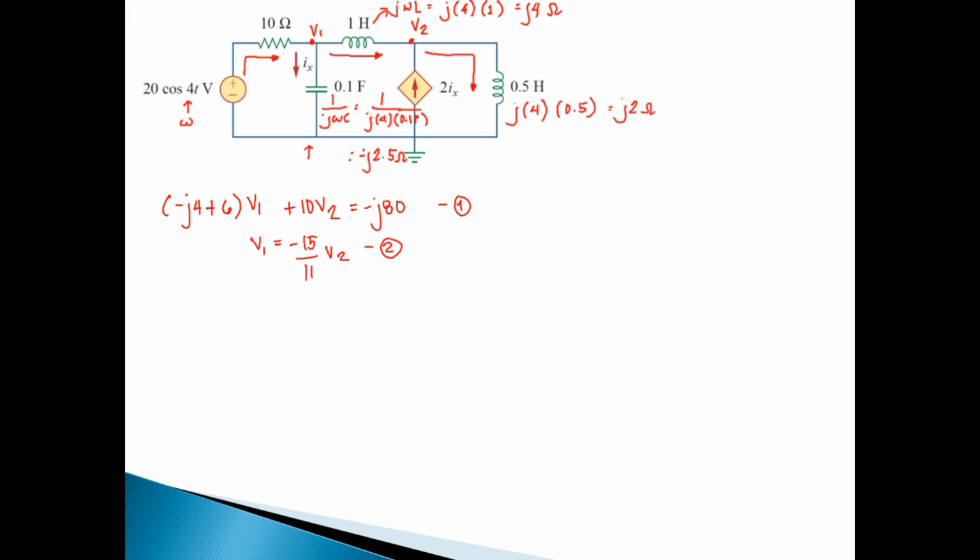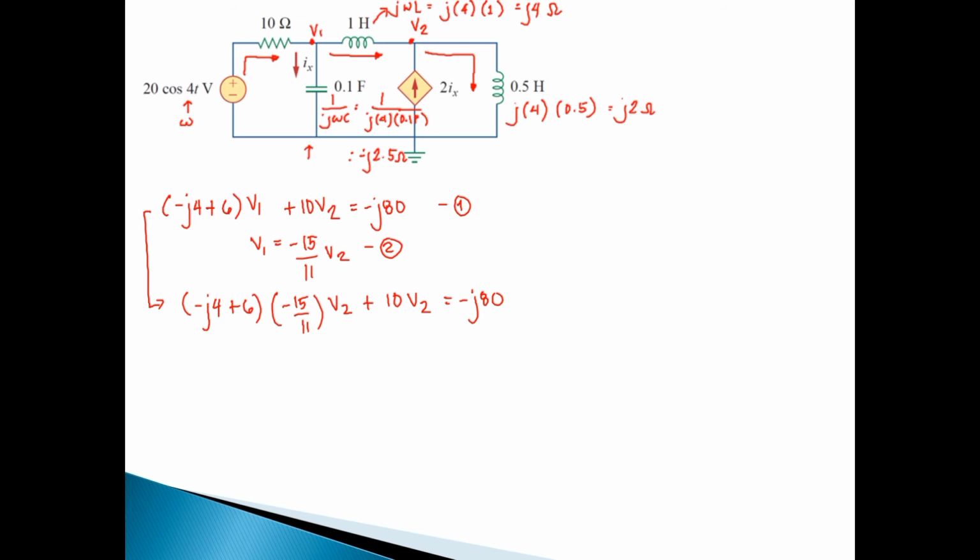Let us substitute equation number 2 to equation number 1. We have negative j4 plus 6 times negative 15 over 11 V2 plus 10 V2 equal to negative j80.